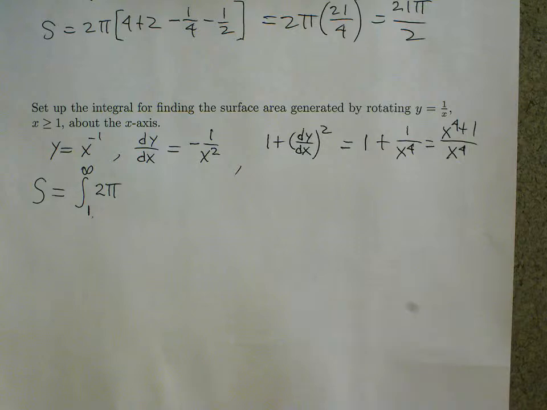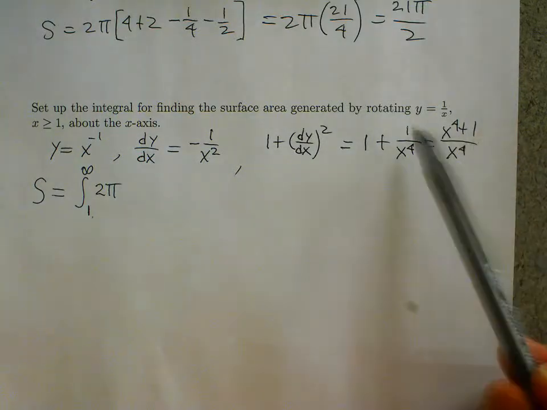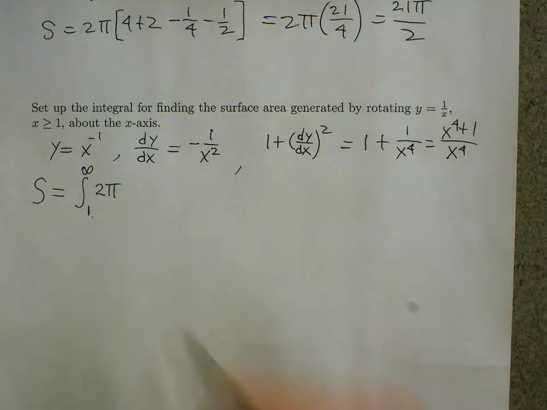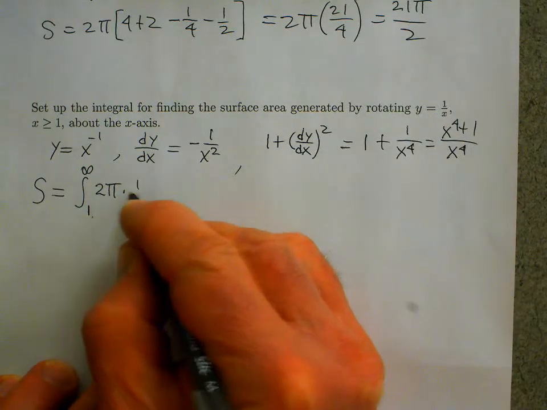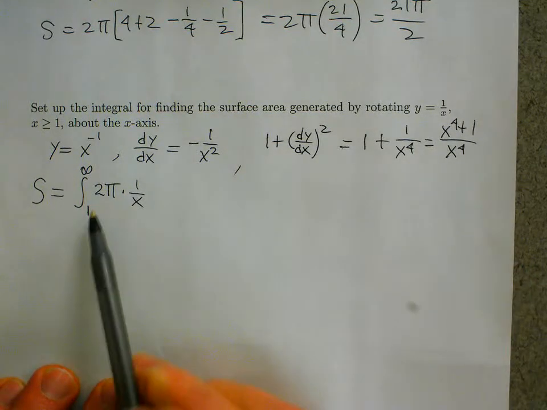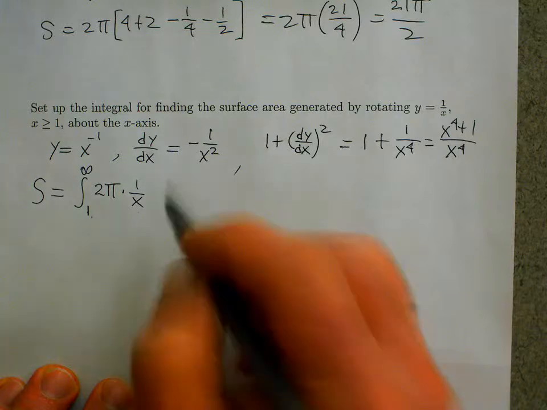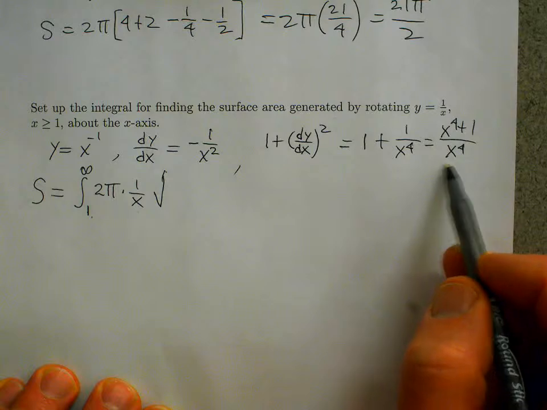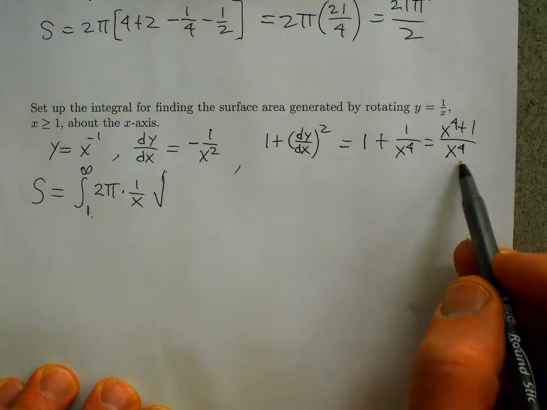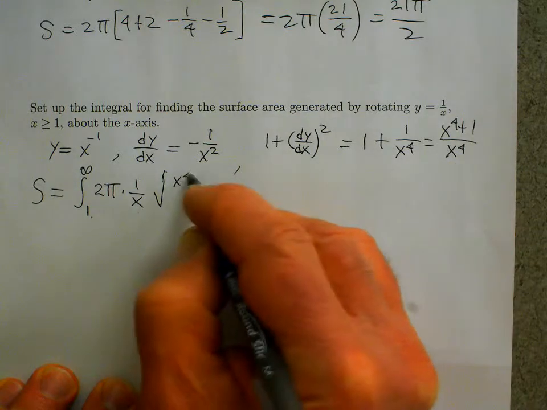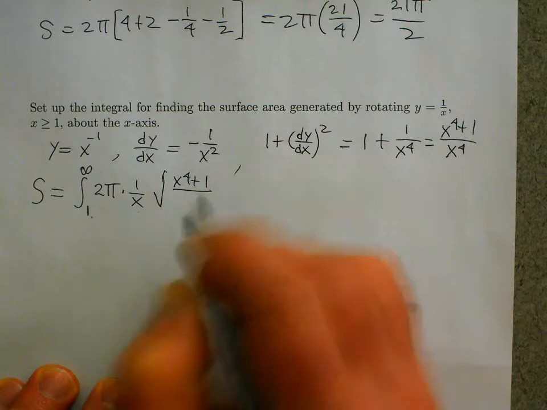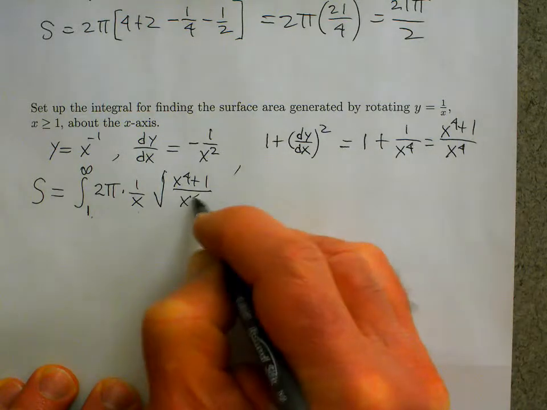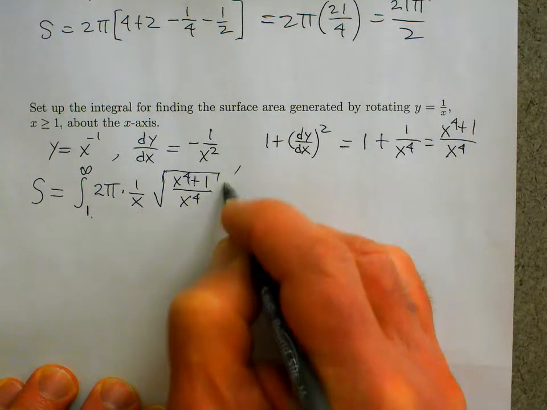It's what f of x is, but even though we're not using f of x, it's just 1 over x. So 2 pi times f of x times the square root of 1 plus f prime of x squared. And that 1 plus f prime of x squared turns out to be (x to the fourth plus 1) over x to the fourth. That's all inside the square root.